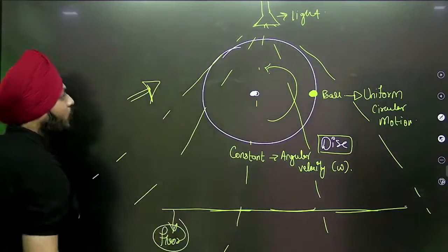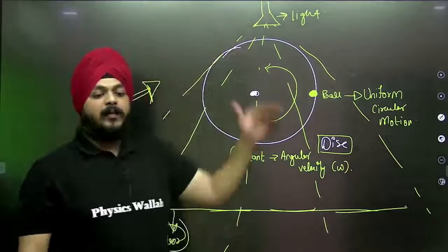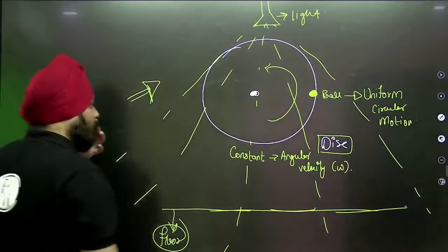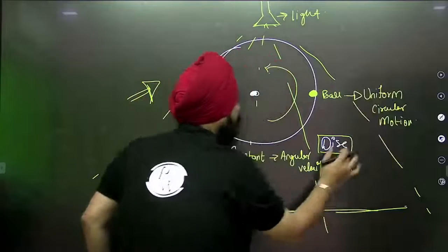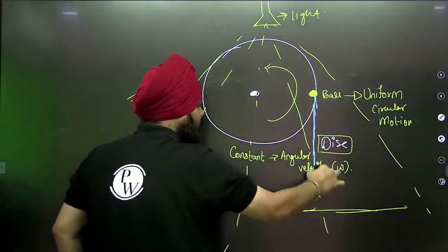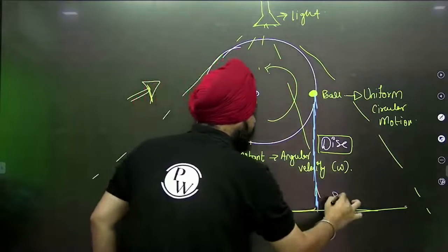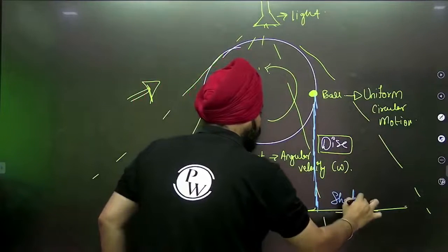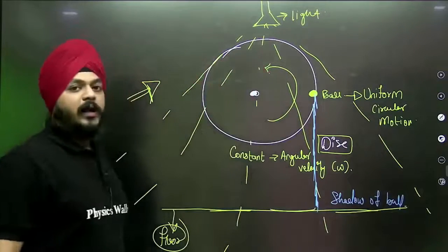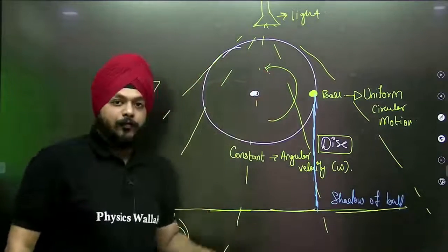Obviously, the light is going to strike the floor. Now, what will happen here? The projection of this ball, in another sense the shadow of the ball, you can see on the floor.